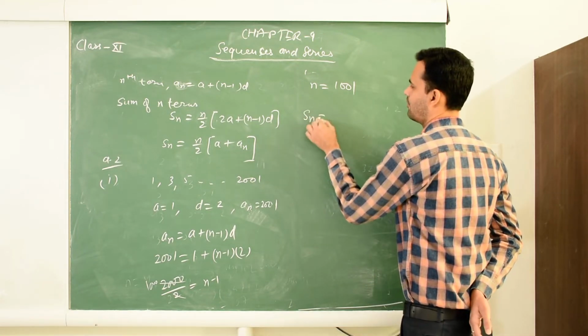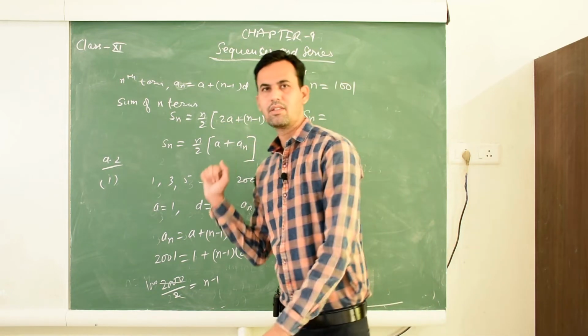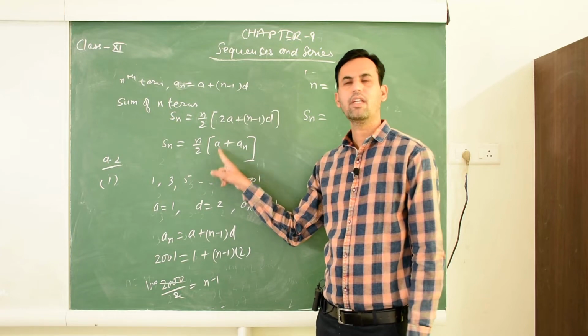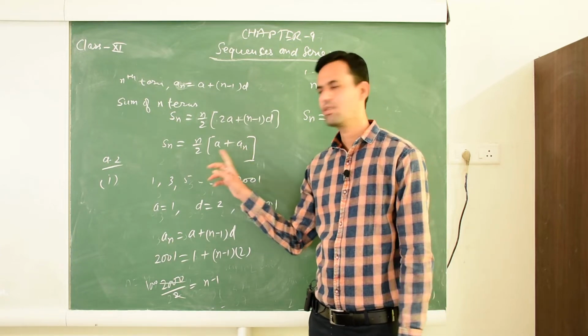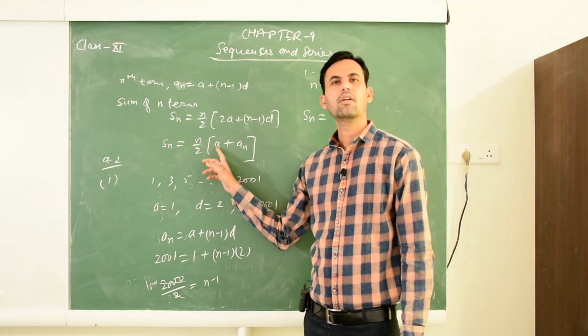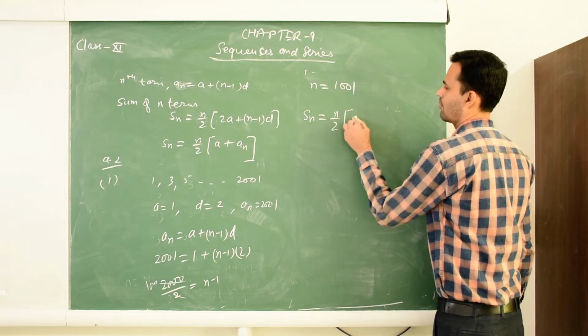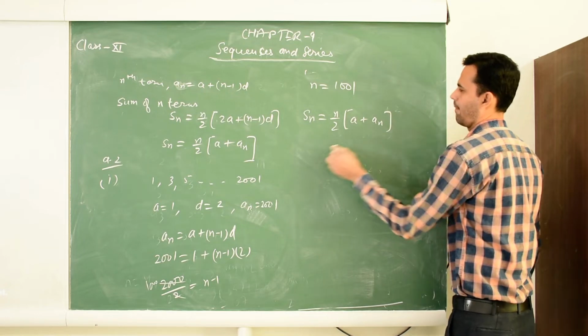Now for Sn, we have 2 formulas, but we know the value of n, we know the value of a, and we also know the value of an. So we put values in this formula of Sn, n by 2 into (a plus an).